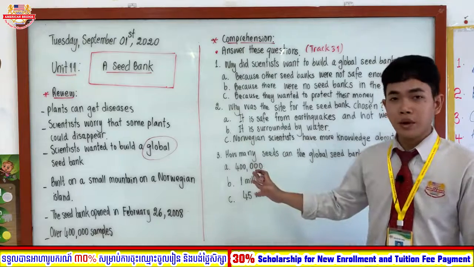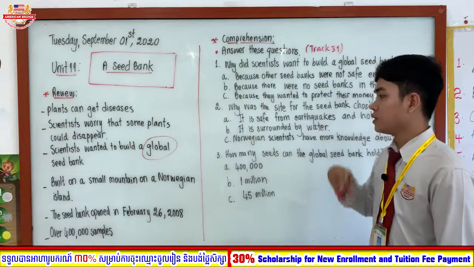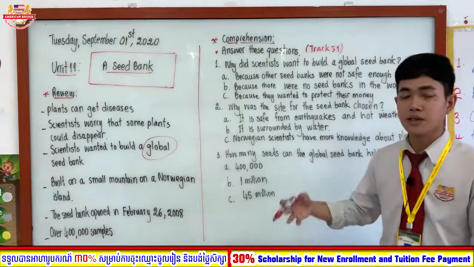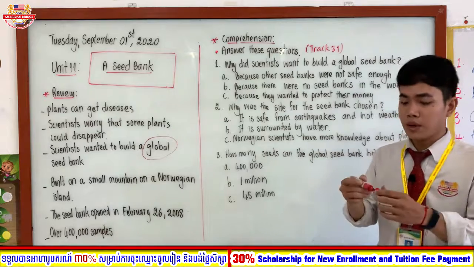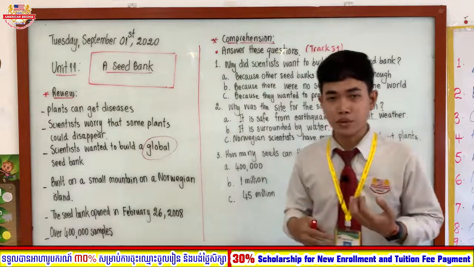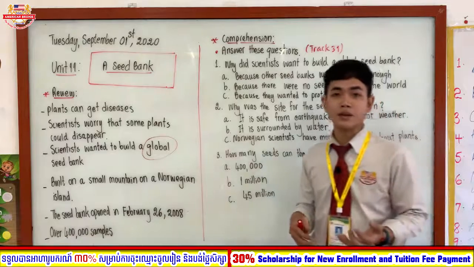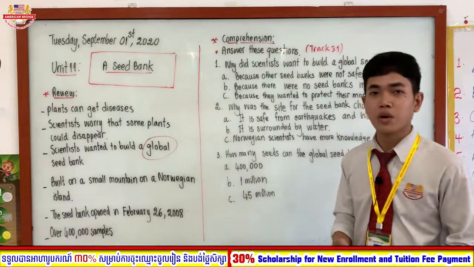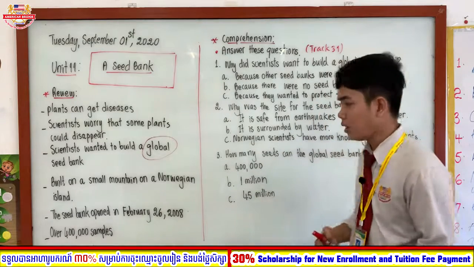Do you know why we built that seed bank on that small mountain? Because the weather conditions are acceptable for the seed bank. It's not too hot or too dry.